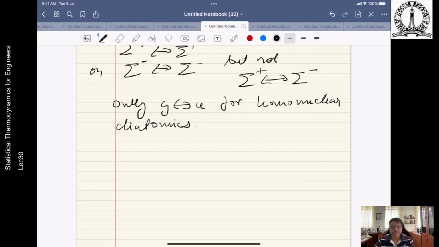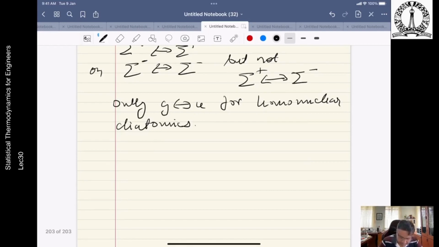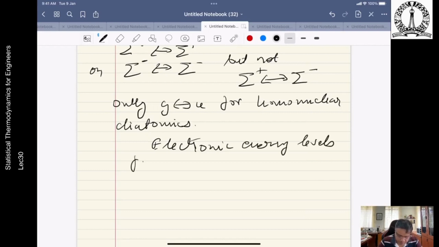Let's go to table 6.8. If you recall the electronic energy levels for O2, say for example, where the term symbol was X3 Σg minus, Te, this is the term.